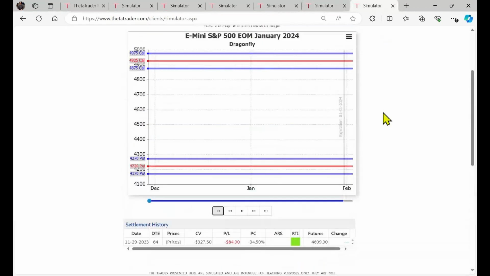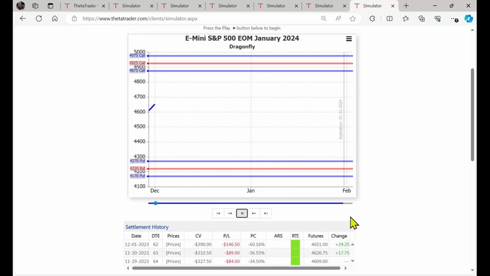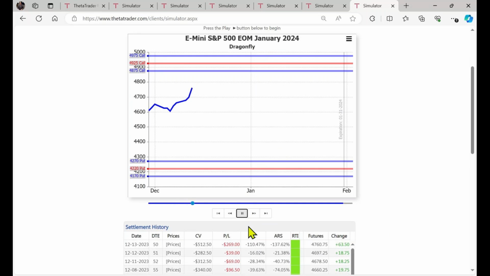So now we'll look at that dragonfly for the end of month expiration. Again, instead of doing a condor on the January end of month expiration, what if you had done a dragonfly? I kind of forget how these turn out, but let's find out. There you go.